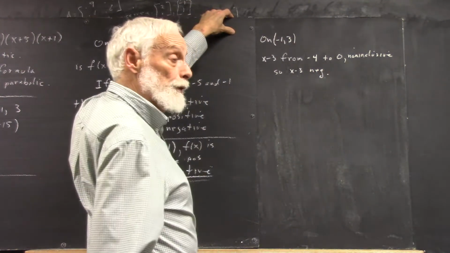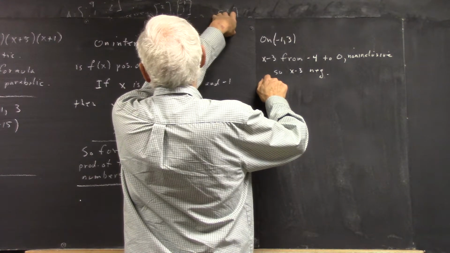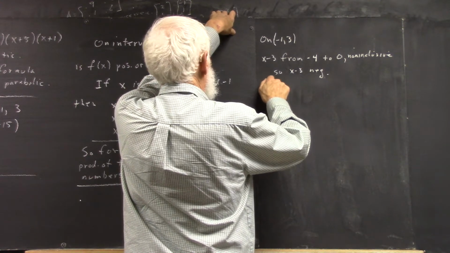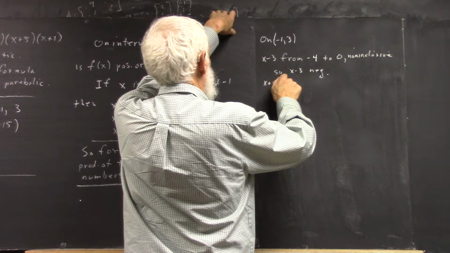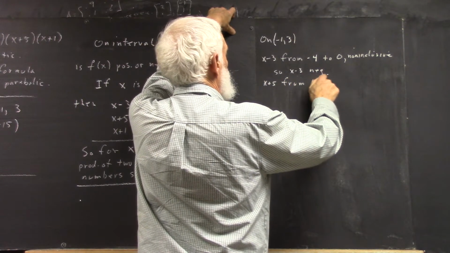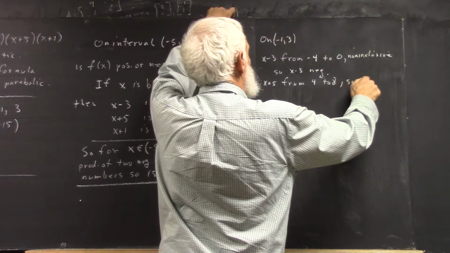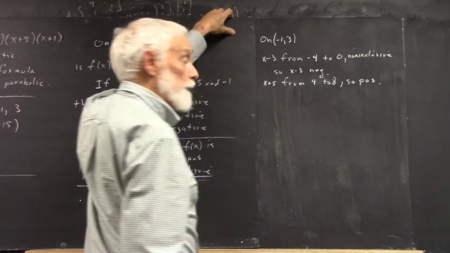So x minus 3 is negative. x plus 5 goes from 4 to 8, so it's positive, right?